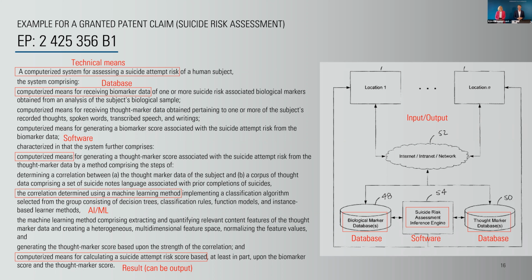And oftentimes we do a high level block diagram and then dive into detail. What we see here is the suicide risk assessment engine, a very fancy name, and some databases which use biological markers.